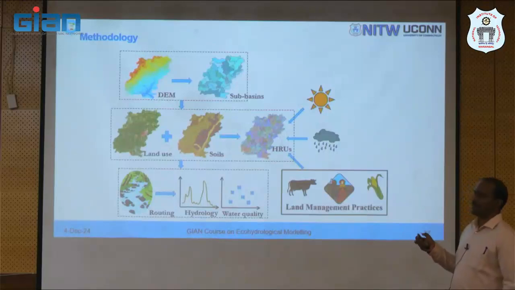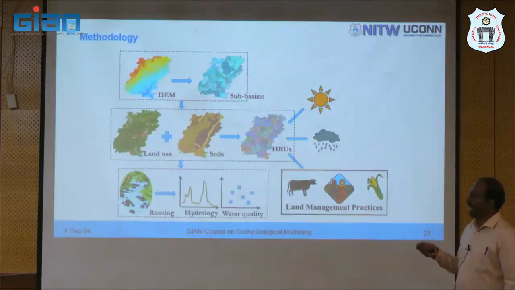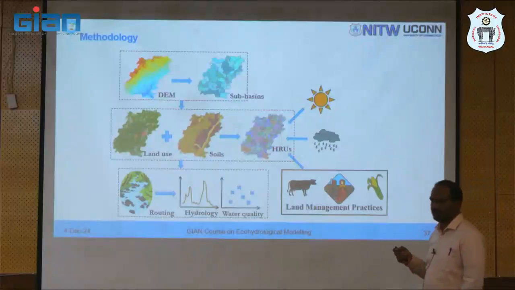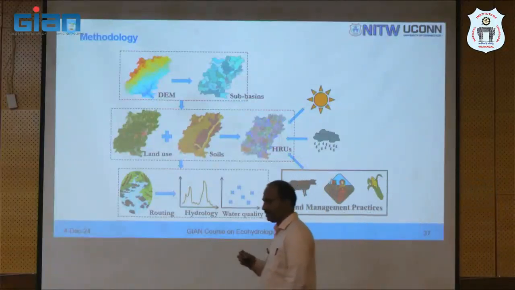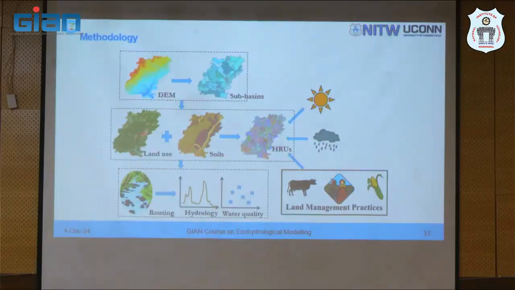Now, this subbasin is completely based on topography, based on the DEM, based on the flow accumulation and flow direction. This subbasin will have land use, soil and slope. It will have a land use class, a soil class, and a slope class. Now, the unique combination of these three is what we call HRU, hydrological response unit.